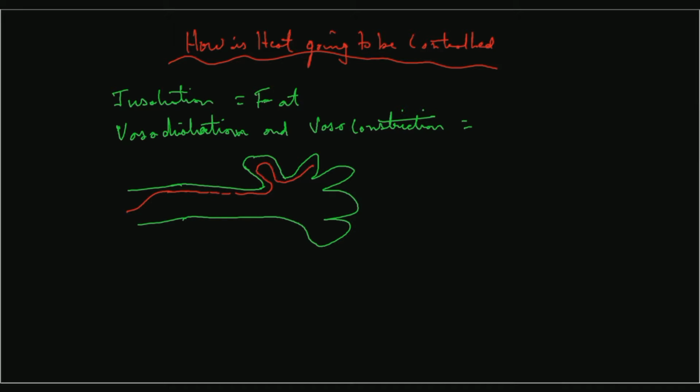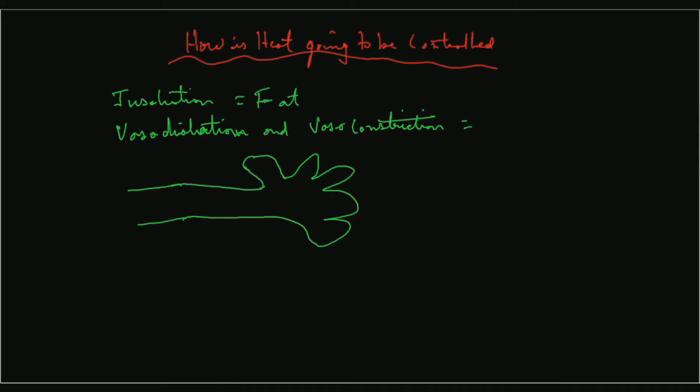Okay, I'll use the same hand, because I really don't like drawing. Vasoconstriction is like the opposite. Whenever you're really, really cold, obviously you'll shiver and things like that, but your body is also going to try to constrict the heat loss.